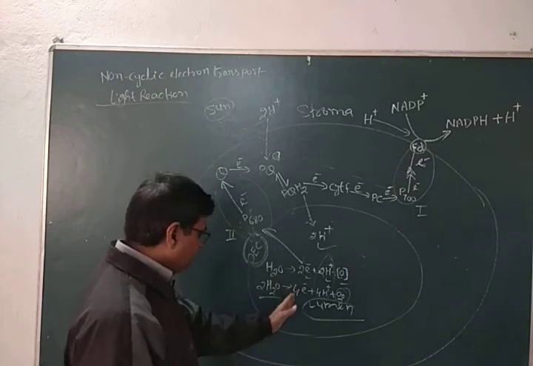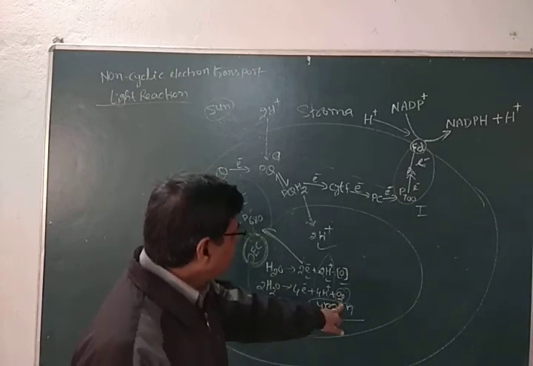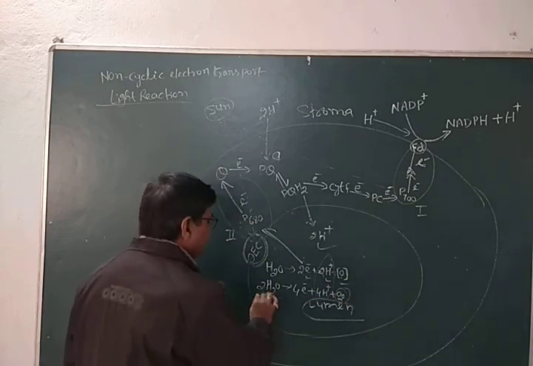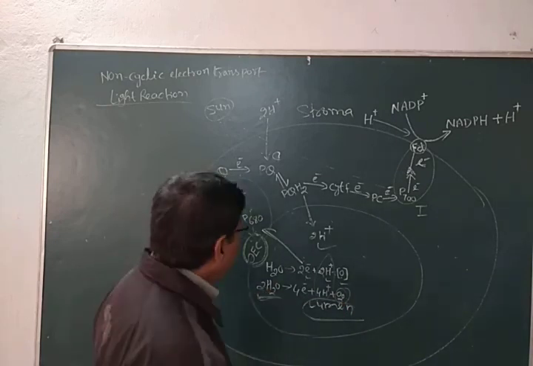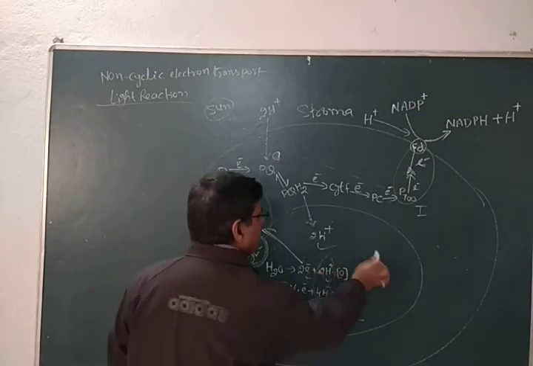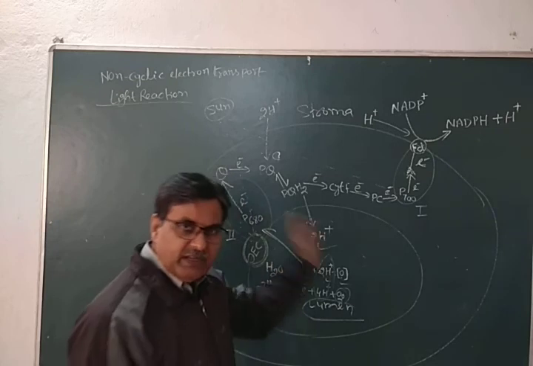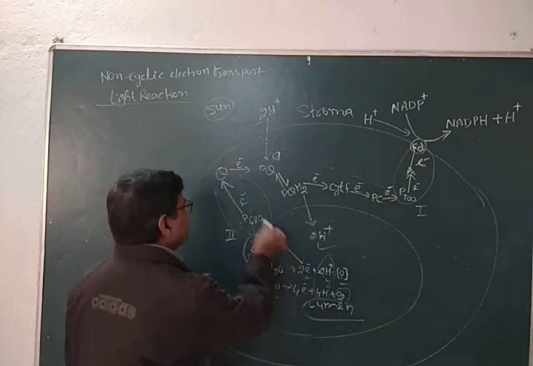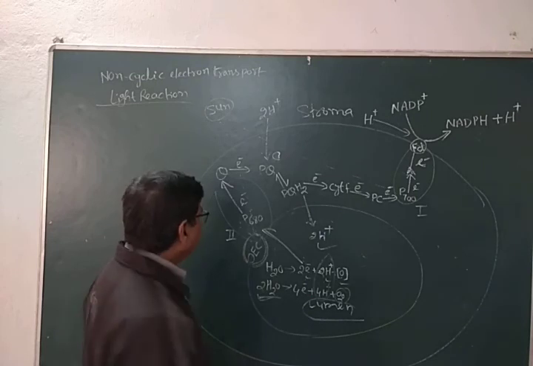And here we learned that for the evolution of one molecule of oxygen, we require the splitting of two molecules of water. And see, this hydrogen proton temporarily accumulated in the lumen of the thylakoid, and this electron comes to photosystem 2 for its reduction.